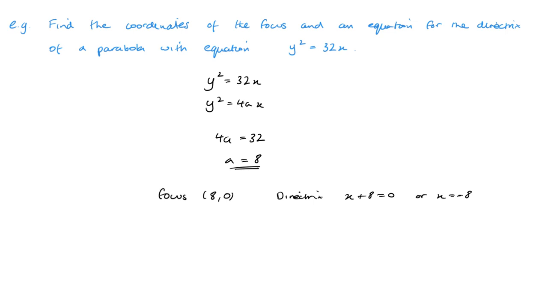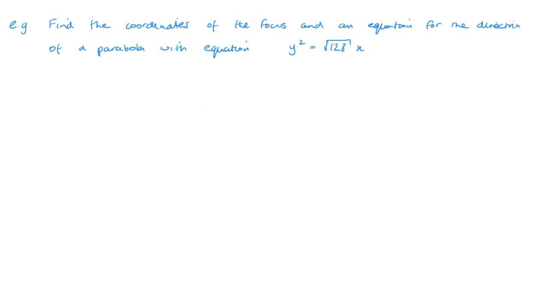We'll have a quick look at a second one. Okay, this one is y squared equals square root of 128 x. So root 128 is 8 root 2. And compare that with 4ax, then 4a equals 8 root 2.